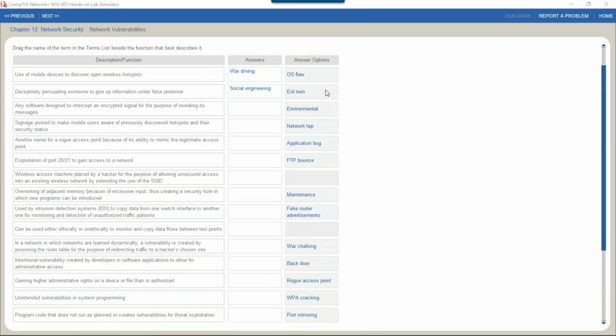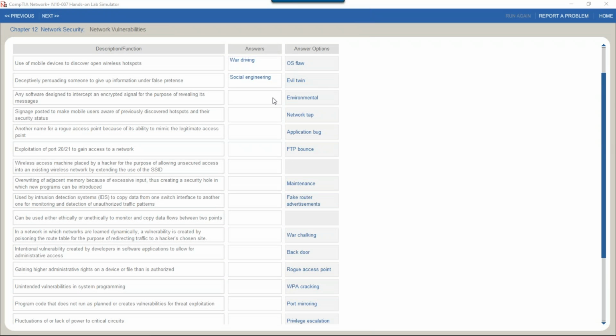All right, we can start at the top and go all the way down. Operating system flaw, no. Evil twin, could be, right? I mean, not really though, because if we're talking about intercept, then yeah, but with evil twin, something that's encrypted, we're not going to be able to decrypt.